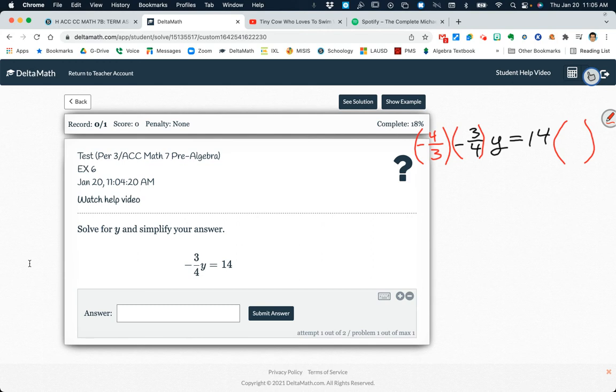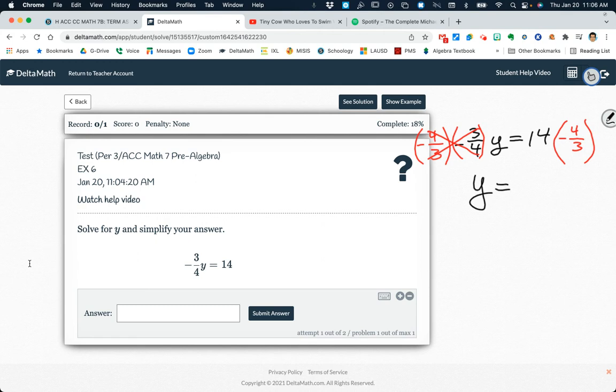Here's why. Or maybe you can figure it out yourselves. Why does it have to be negative as well? Negative times a positive is a negative. We don't want a negative y, we want y. So a negative times a negative is positive, so we want to make sure this ends up positive y, or just y.